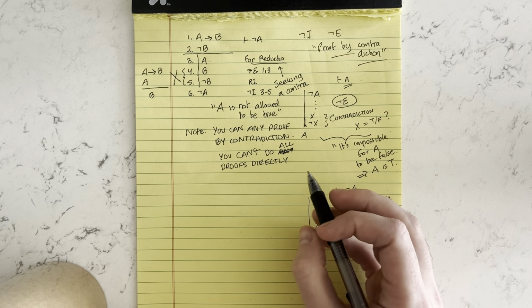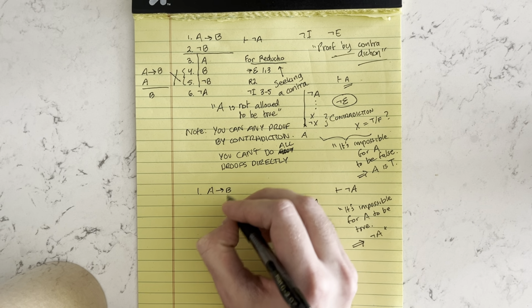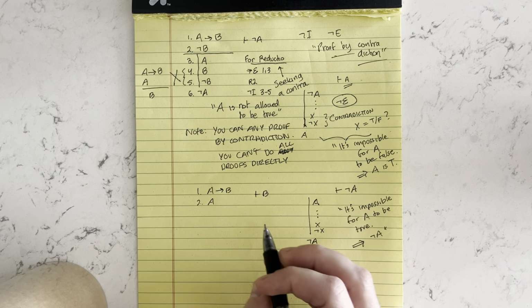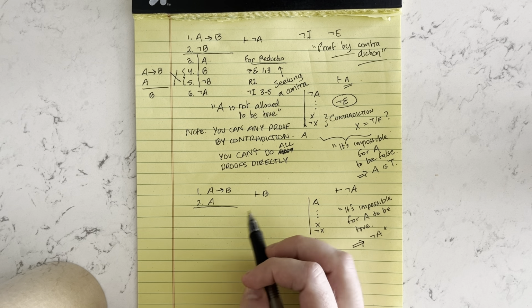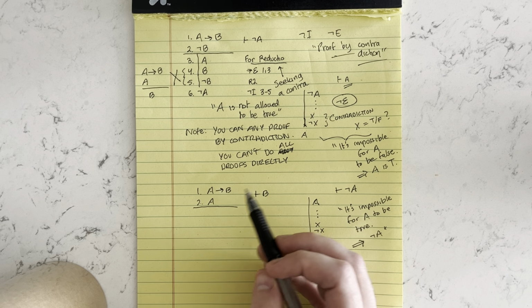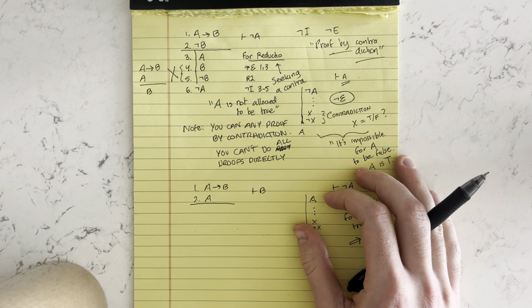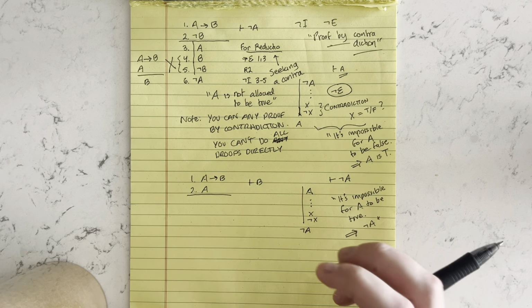This can happen in easier cases as well. For example, in this simple proof, this would be a one-step proof where you would just use arrow elimination to prove B, right? But let's say that you forget for a minute about arrow elimination. And so you're like, man, how do I prove B? What do I do?